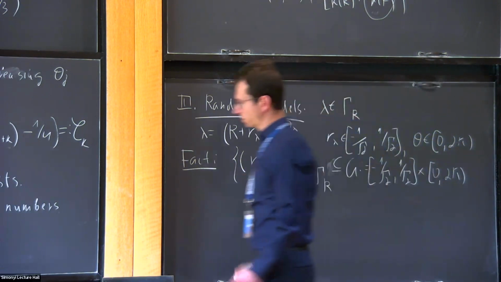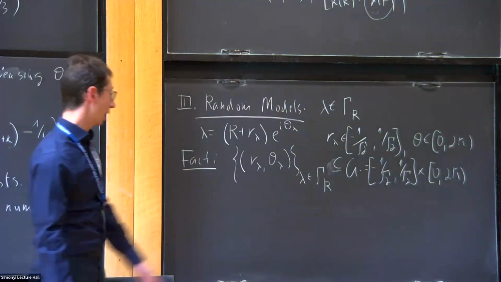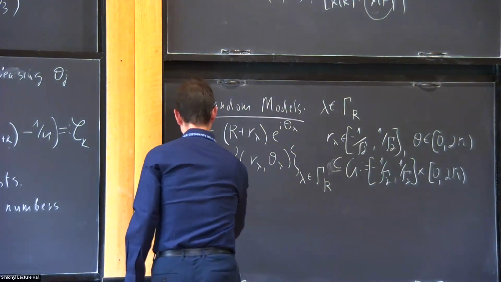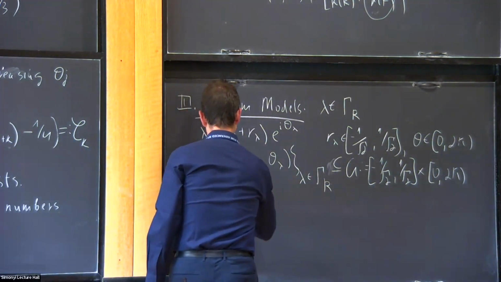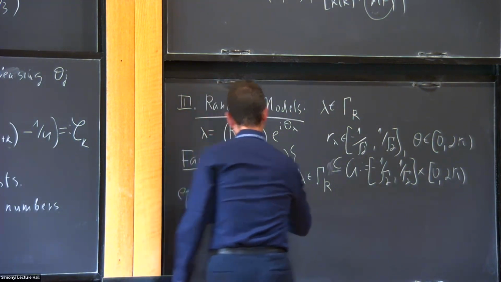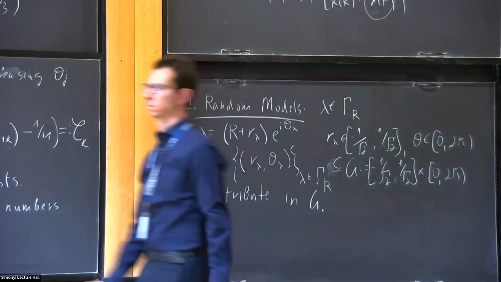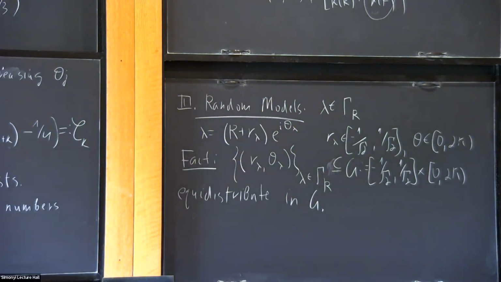So the fact states that these tuples equidistribute in this rectangle. But this is not terribly difficult. We can do it by the Poisson summation formula.